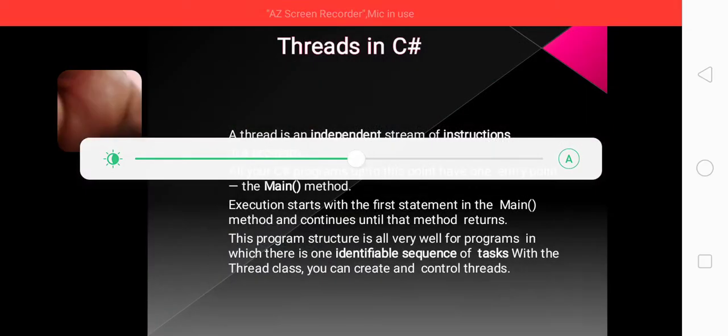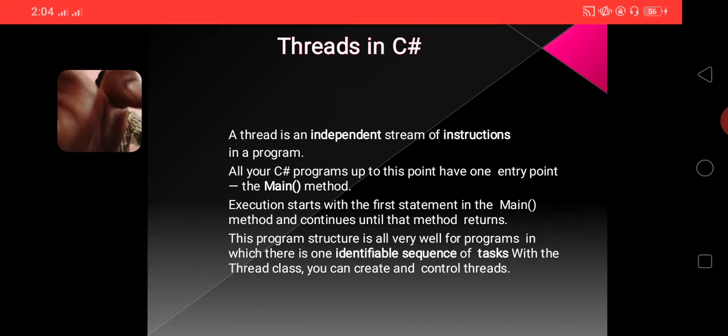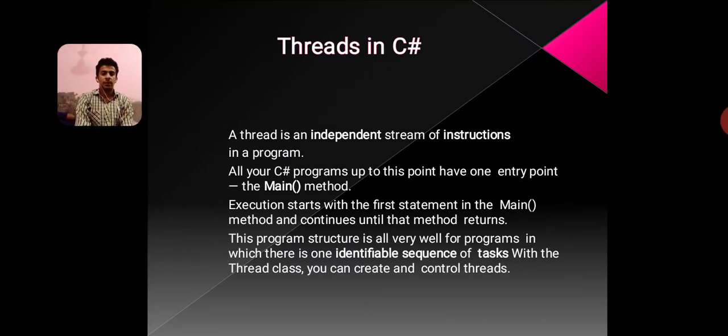Thread in C#. A thread is an independent stream of instruction in a program. All your C# language programs up to this point have one entry point, the main method.